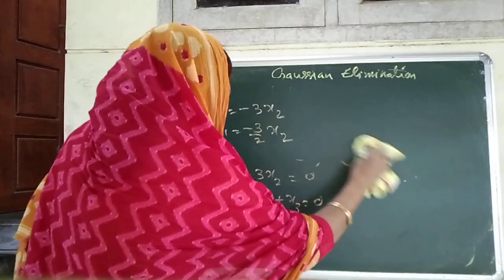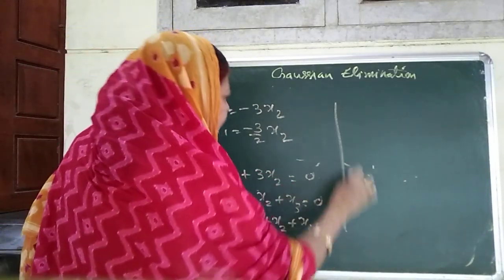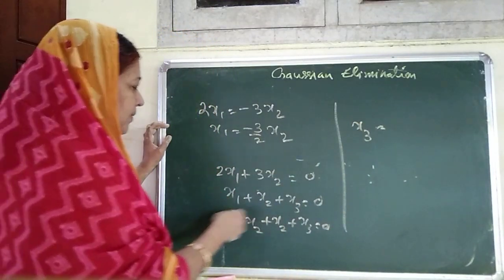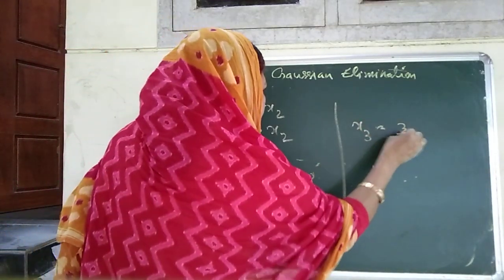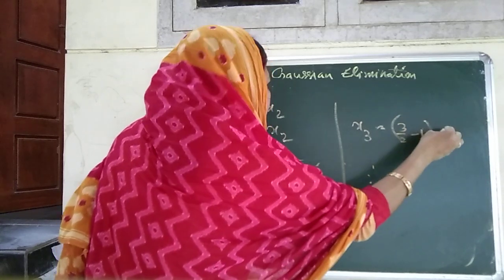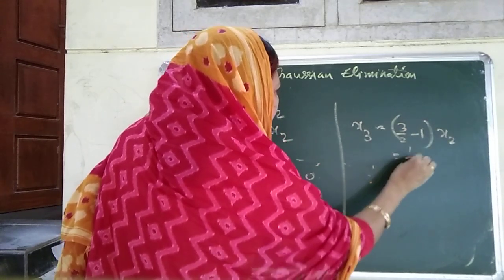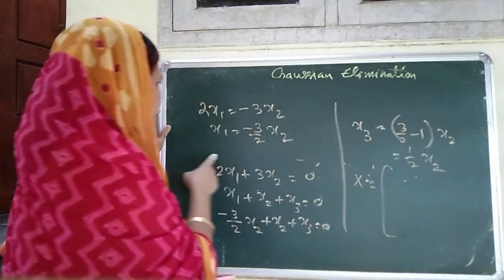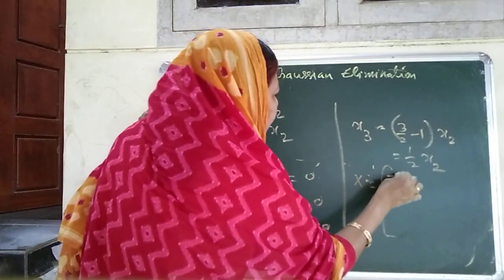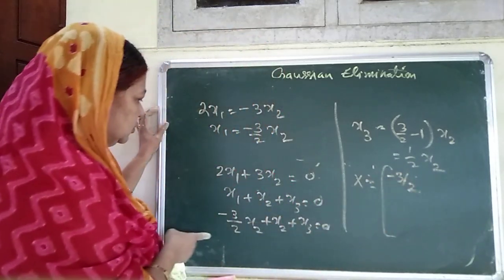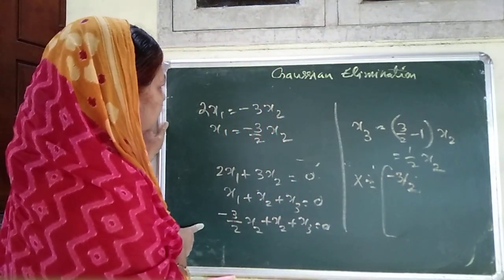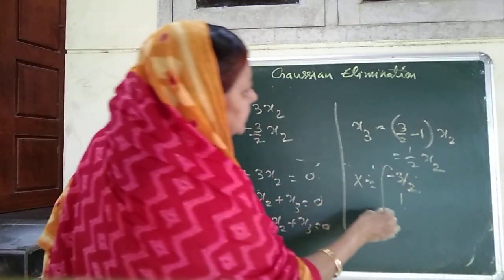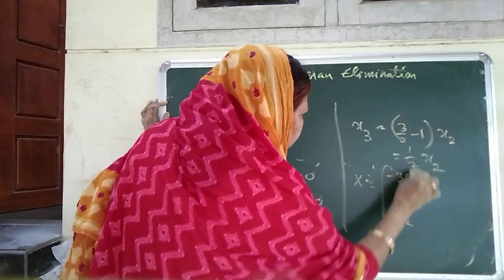Therefore, what is x3? x3 equal to 3 by 2 minus 1 into x2, equal to 1 by 2 into x2. Therefore, x1 is minus 3 by 2 x2, x2 equal to x2, and x3 is 1 by 2 into x2.